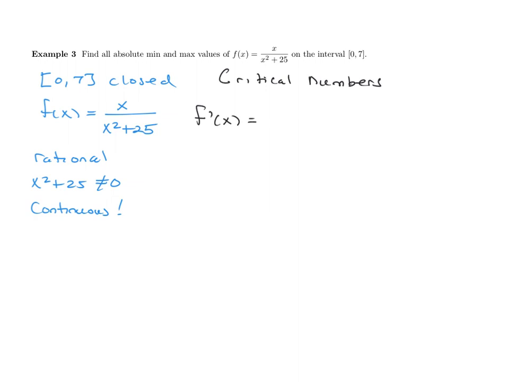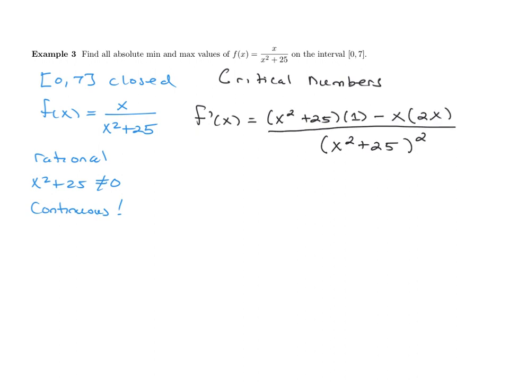By the quotient rule, the derivative of f is equal to the bottom, which is x squared plus 25, times the derivative of the top, which is 1, minus the top times the derivative of the bottom, which is just 2x. And this is all divided by x squared plus 25 all squared.